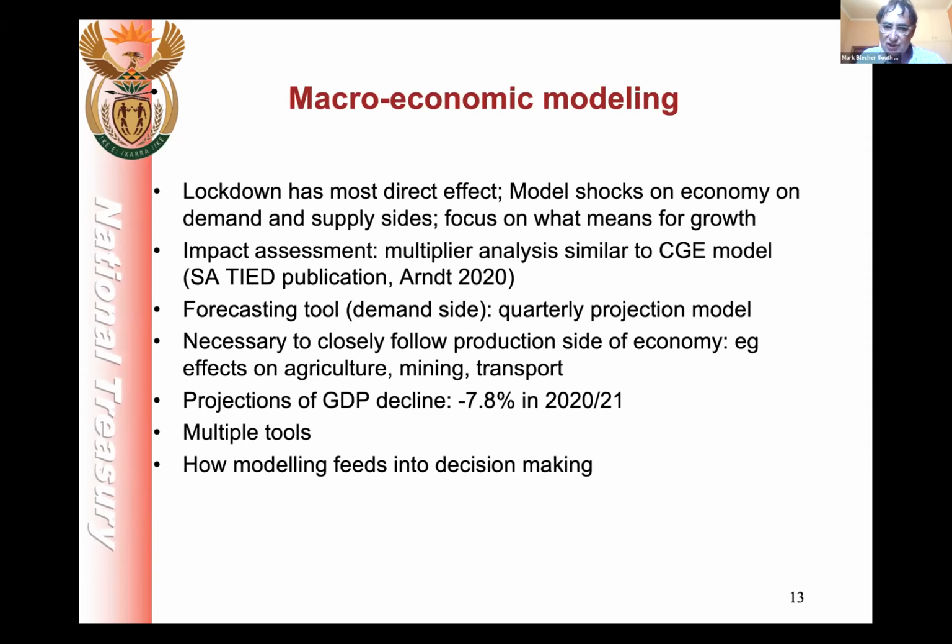They run a multiplier analysis similar to a CGE model. It sounded a bit like the Pakistani model in a way, although not as complicated. Our Reserve Bank runs several production side models looking at different sectors. And you see these projections of 7.8 to 8% GDP decline. But initially, as I say, these results were not shocking decision makers to be a bit more cautious. Next slide, please, number 14.